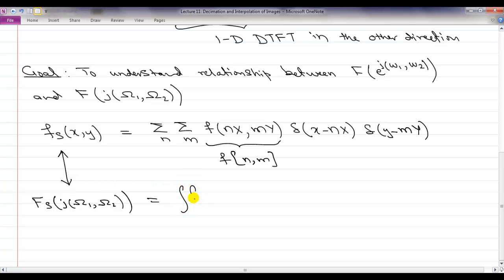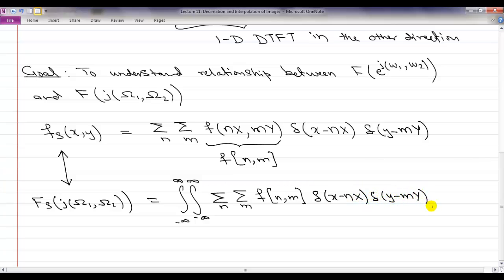So all I get is minus infinity to infinity, minus infinity to infinity, this summation over n, summation over m, f[n,m], delta of (x minus nX), delta of (y minus mY), times e to the minus j (omega 1 x plus omega 2 y) dx dy.